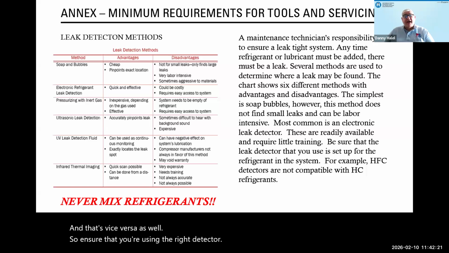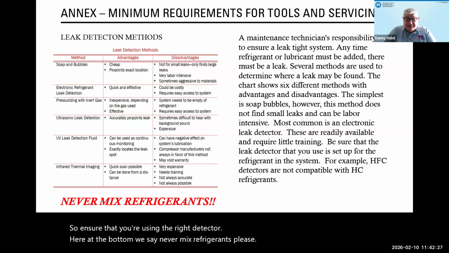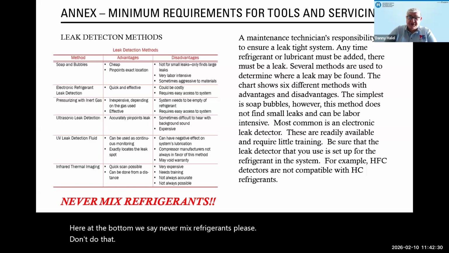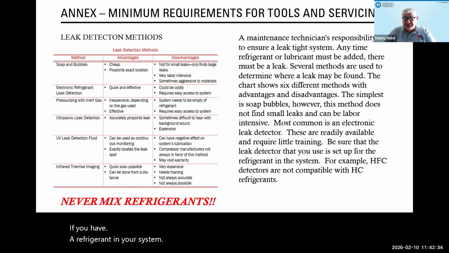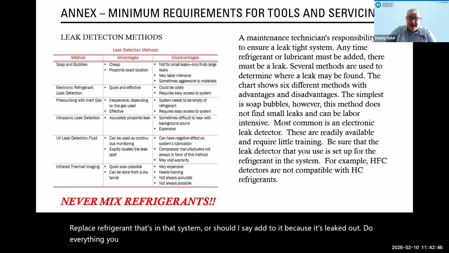Here at the bottom, we say never mix refrigerants. Please don't do that. If you have a refrigerant in your system and you're looking to replace refrigerant, or should I say add to it because it's leaked out, do everything you can to replace the refrigerant in that system with that same refrigerant.